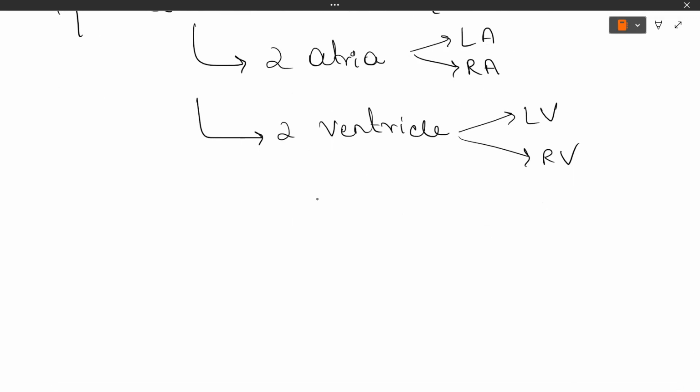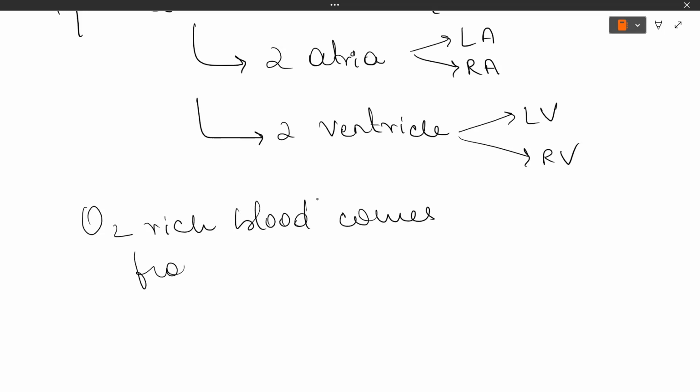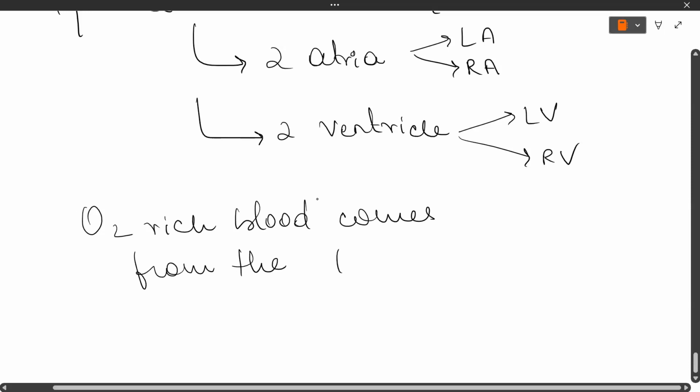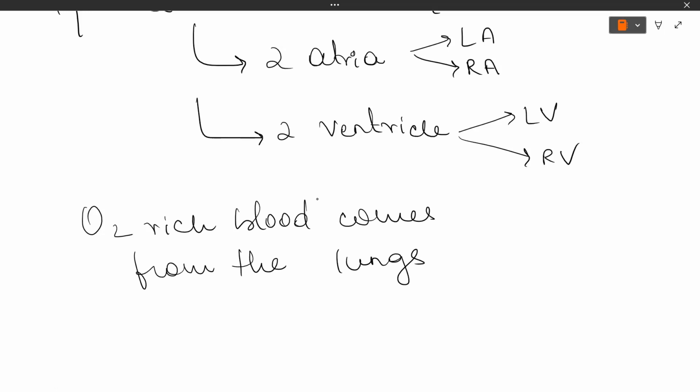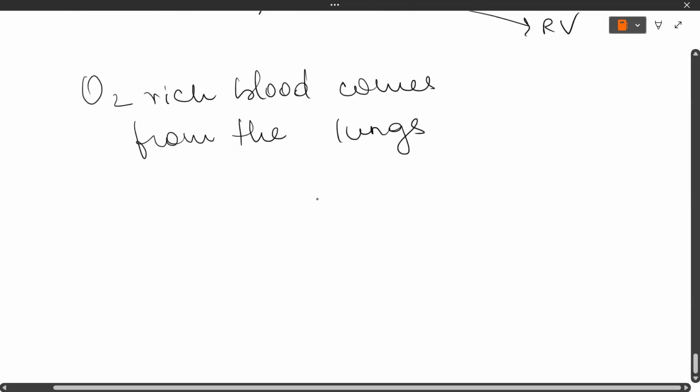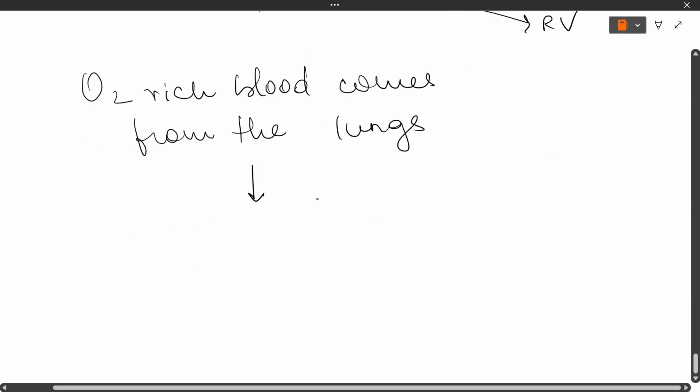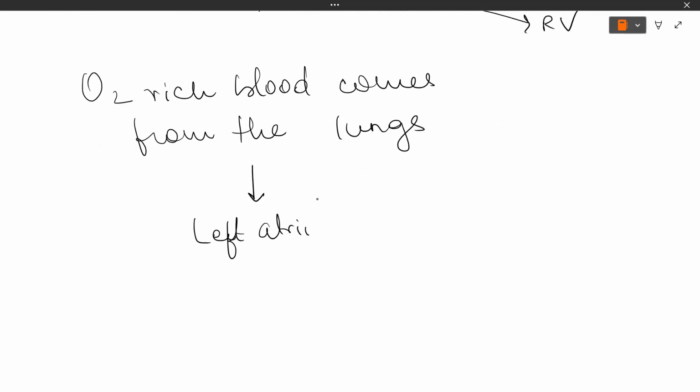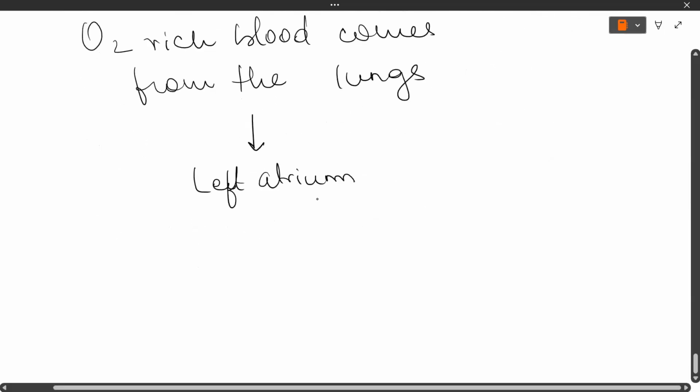So for the first step, first of all, the O2 rich blood comes from the lungs. From the lungs, it will go into the upper chamber of the heart, meaning the left atrium. Now, from the left atrium, what happens?